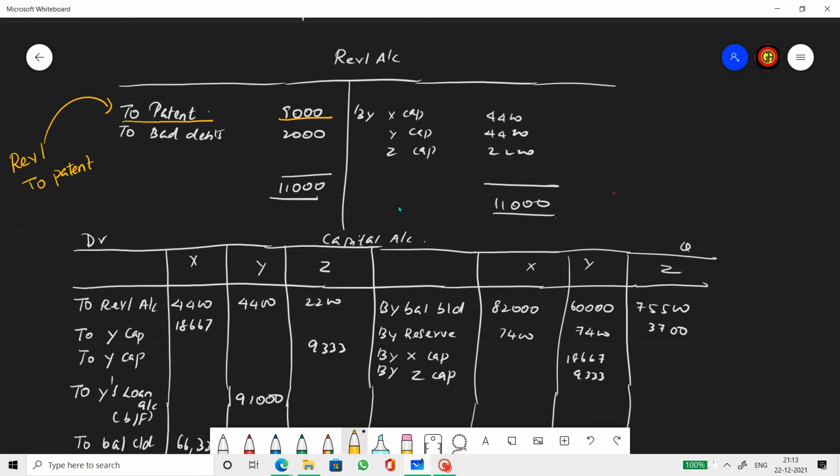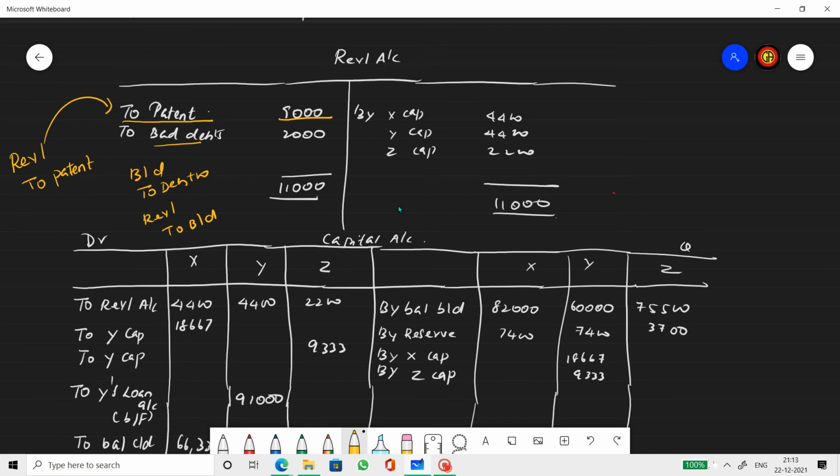Next one, bad debts written off 2,000 rupees. So what is the journal for bad debts we'll pass? It's bad debts account debtor to debtor account, and then revaluation account debtor to bad debts. Generally, we do bad debts to debtor, provision for bad and doubtful debts to bad debts.